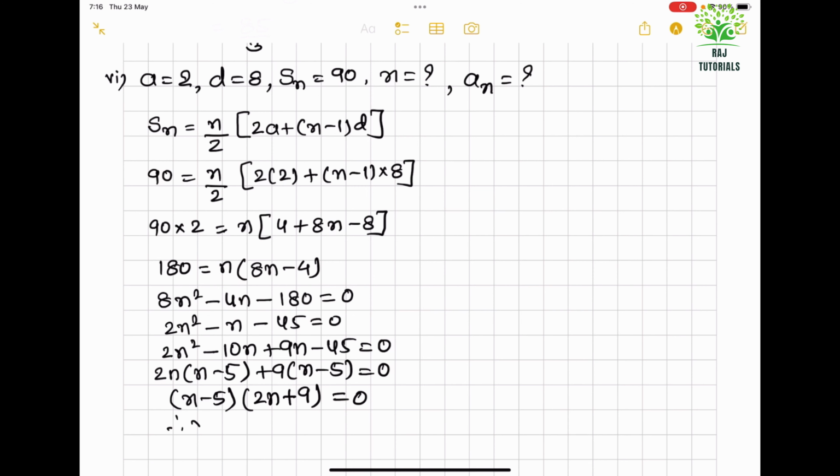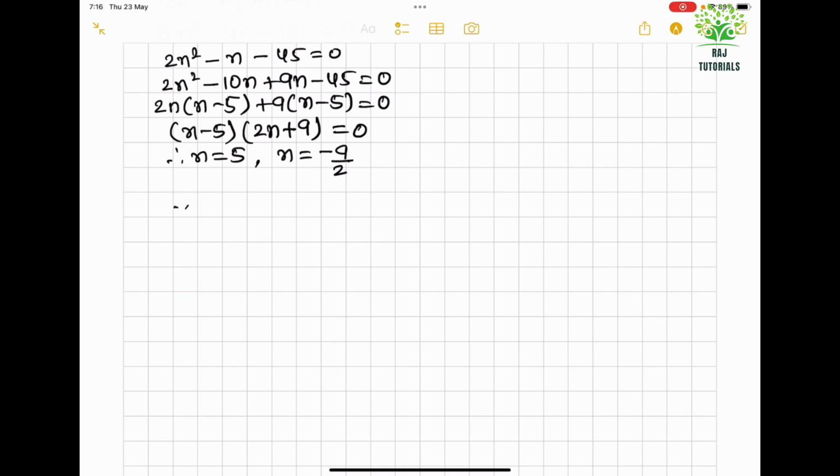So therefore either n equal to 5 or n equal to minus 9 by 2. So therefore n will be equal to 5 as it is positive, only solution.